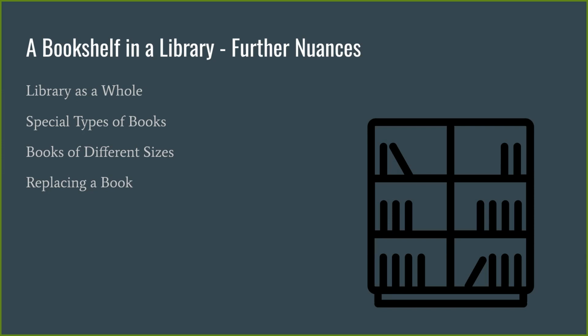If you've taken a Java class, you might be familiar with dynamic arrays, sorted arrays that optimize for certain operations. We'll definitely run into these when we go over some examples. And books of different sizes, if we think about it in terms of arrays, it's a memory allocation issue.